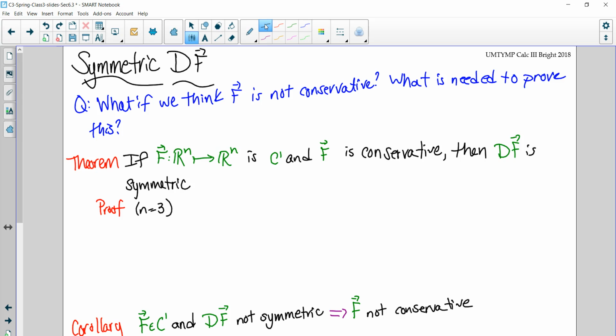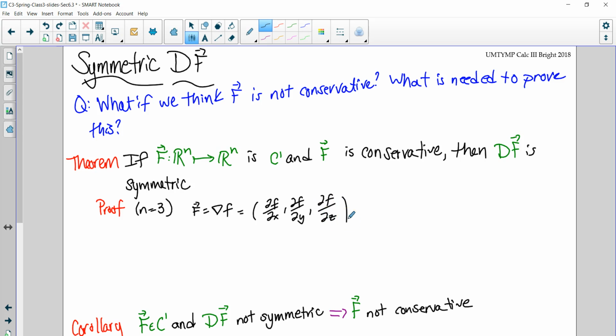What we can say for n equals 3 is that if we have f equaling the gradient of a scalar function, the scalar potential function, so that means that this is, by definition, del f del x, del f del y, and del f del z.